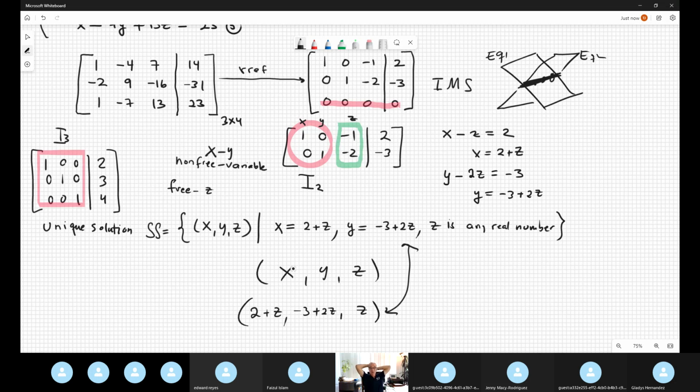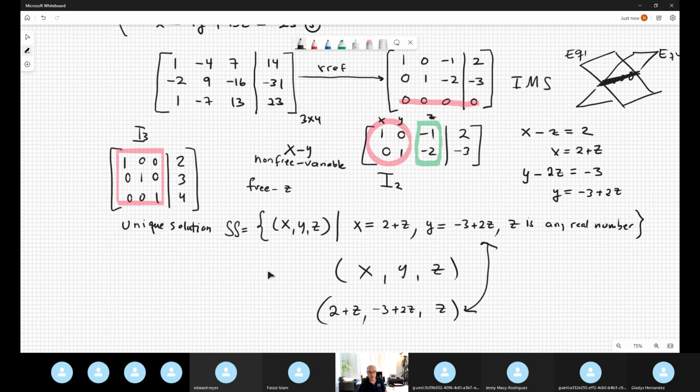So, no excuse from now. You will be able to solve any system. It doesn't matter that the system contains 5 equations, 5 unknowns. You put it in the software, and the software does the Gauss-Jordan algorithm. And with Gauss-Jordan, maybe we have one format, the typical unique solution, when you have the identity matrix.